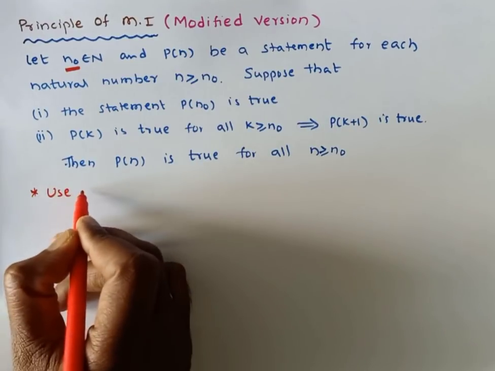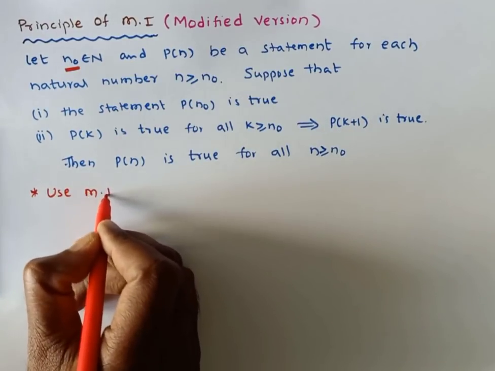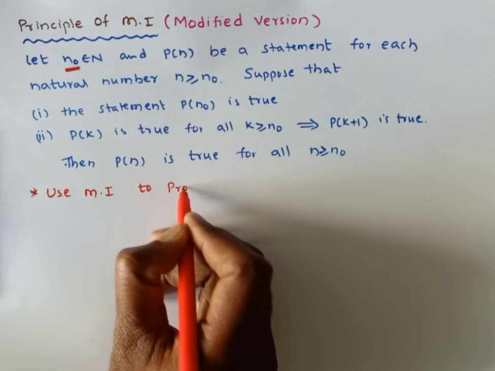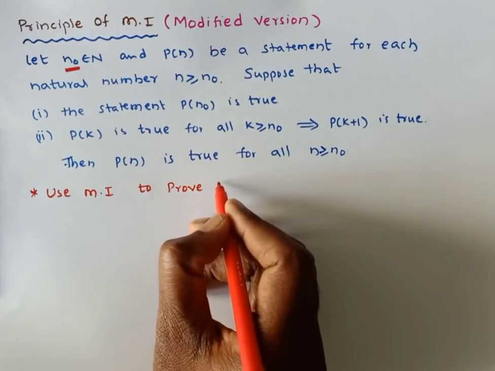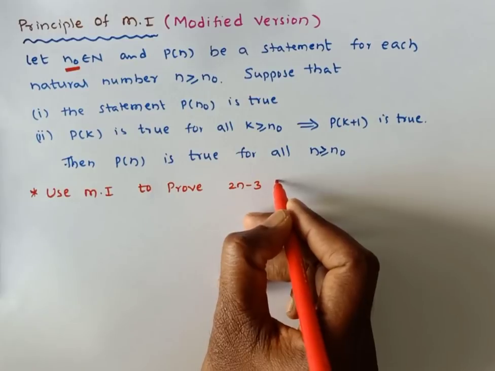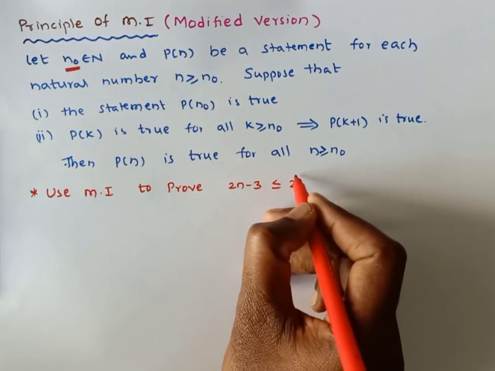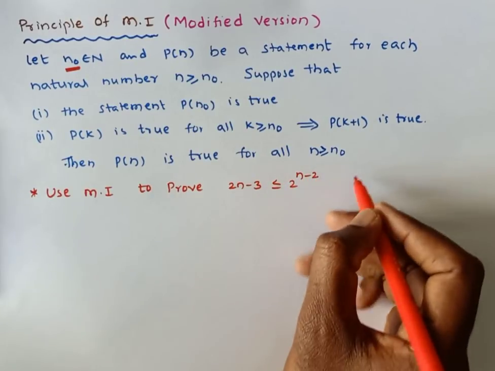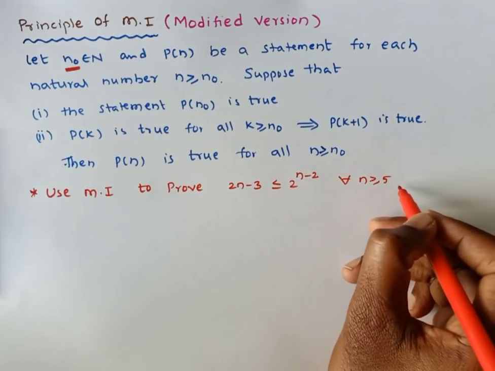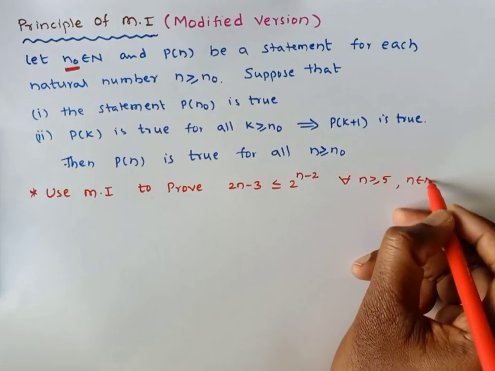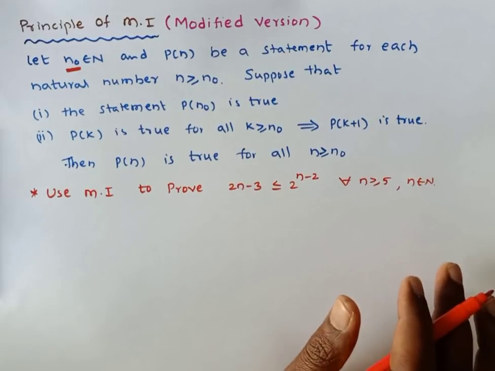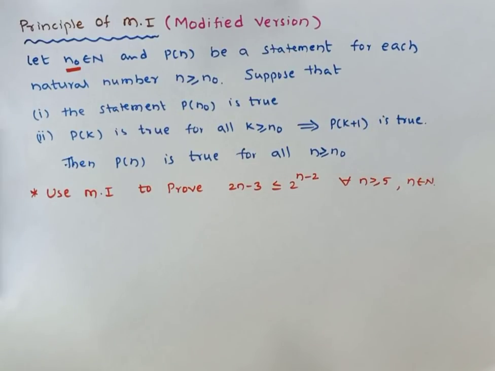Use mathematical induction to prove 2n minus 3 is less than or equals to 2 to the power of n minus 2, for all n greater than or equals to 5, where n is any natural number from 5 onwards. Okay, so the statement already says that.